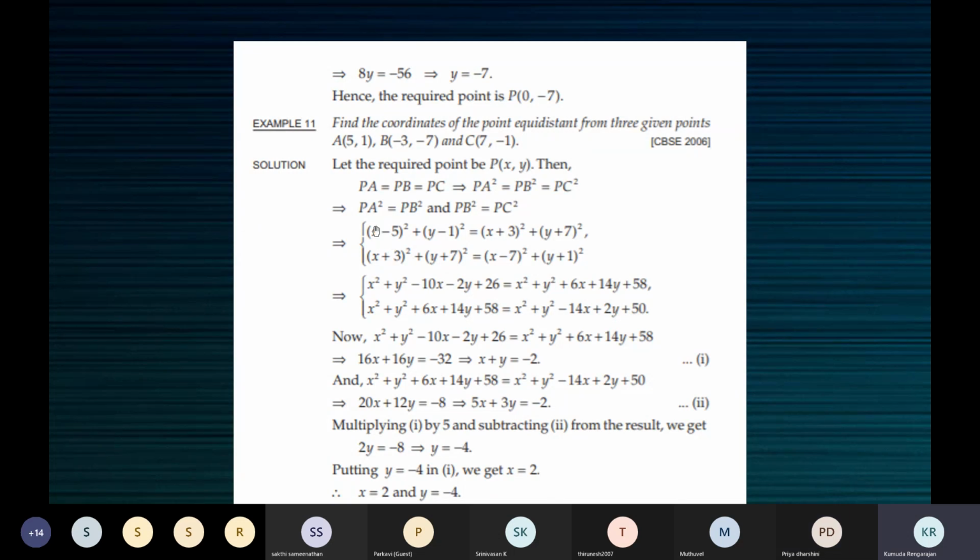Okay. Fine, Priyadarshini. So here you will get x squared. Did you get x squared? Okay, read out from your book, Priyadarshini. Ma'am, x square minus 10x plus y square minus 2y plus 25, right? No, ma'am, by factorizing.